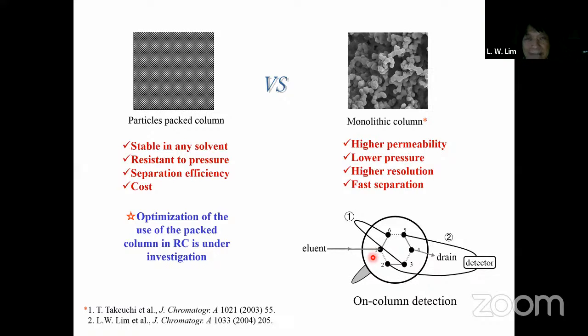How to degas the eluent is very easy. You just put it inside the ultrasonic bath and turn the ultrasonic on for 5 minutes, and then the bubbles will be gone. Then you can use the eluent after degassing.